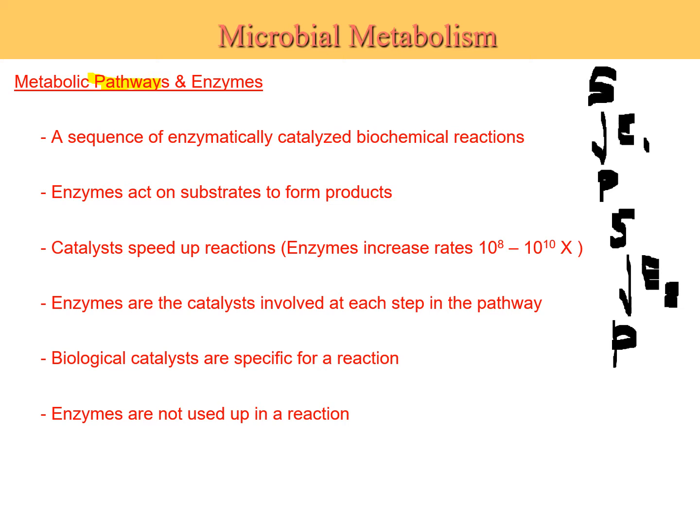This is a pathway. For example, glycolysis, a pathway involving conversion of glucose. In the end, glucose is completely converted into carbon dioxide and water, but along the way it goes through several stages, including formation of pyruvate and then acetyl-CoA, and then feeding into another pathway called the Krebs cycle or citric acid cycle.